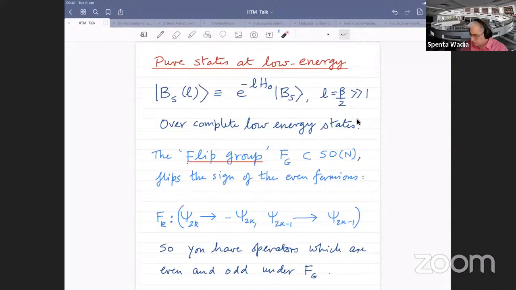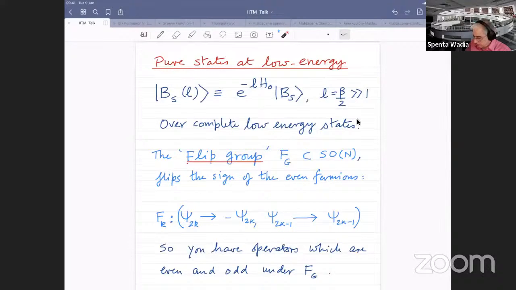Now, Maldacena and Kourkoulou observed a very important fact. They observed that there is a subgroup of SO(N), which is as follows: it maps even fermions into minus the even fermion and leaves the odd fermions alone.